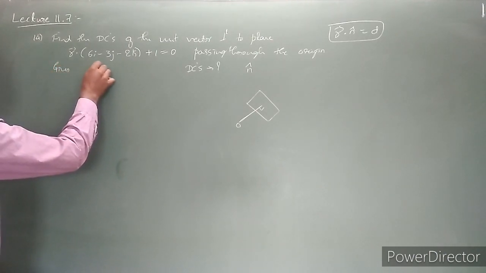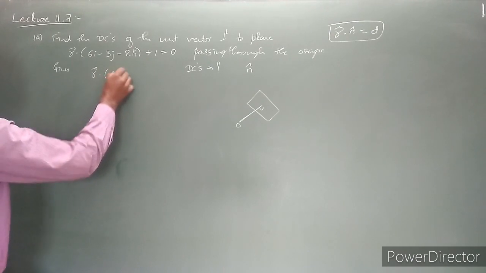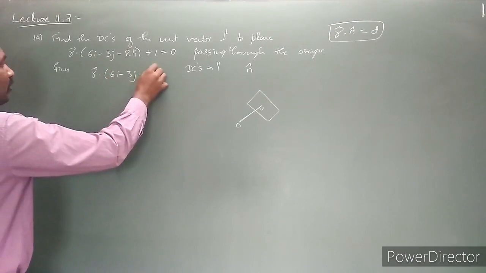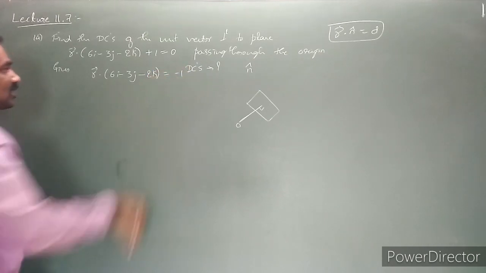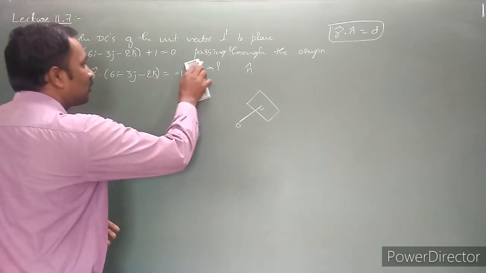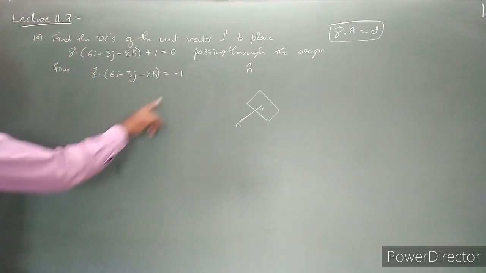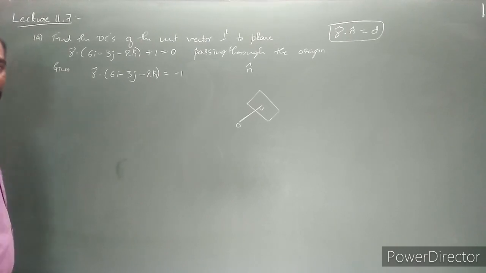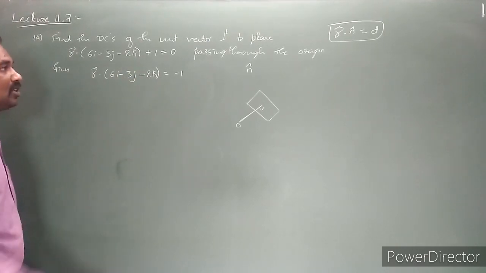Equation of the plane is given: r dot 6i minus 3j minus 4k plus 1 equals 0. The 1 I just shift into the right hand side. If I shift the 1 into the right hand side, what will we get? Minus 1. But the right hand side is the distance, always measured in positive quantities, which never becomes negative.